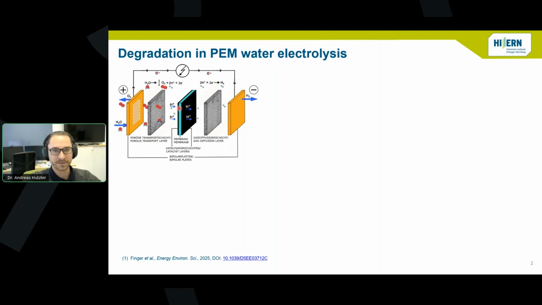At the anode side, we have the oxygen evolution reaction, and oxygen comes out. Then we have a separator membrane, which is proton conducting. It transports protons to the other catalyst layer, where the hydrogen evolution reaction takes place, and then we get hydrogen out, which we would like to use for energy storage.